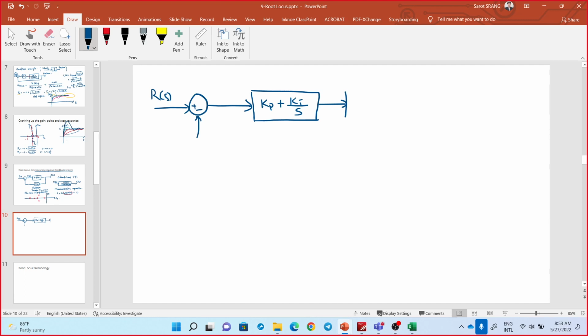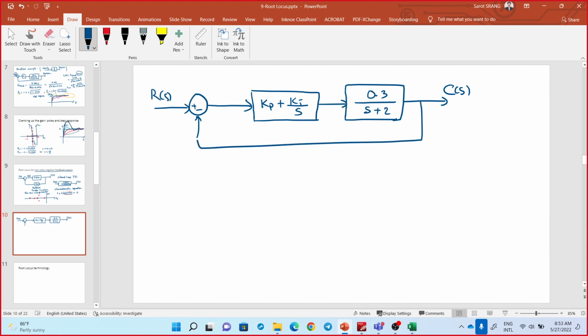Let's say we have the same system like before, which is 0.3 over s plus 2. So what can we do with this? How can we use the theory of root locus for controller design?